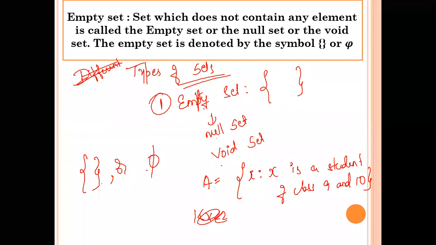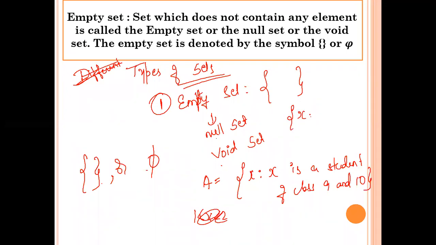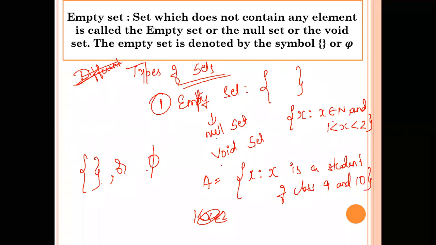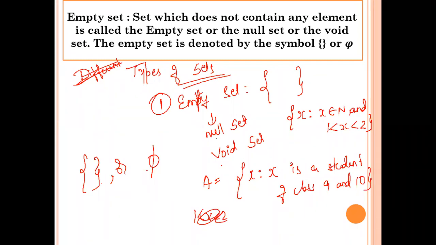So Santolin has given some mathematical examples. I hope you have thought about this. x is a natural number and 1 less than x less than 2.